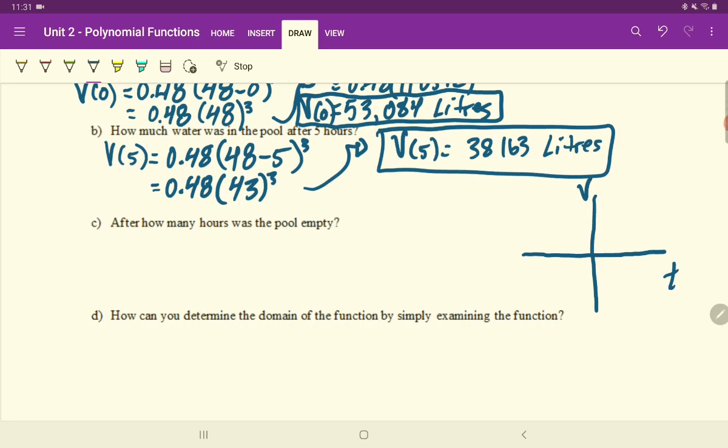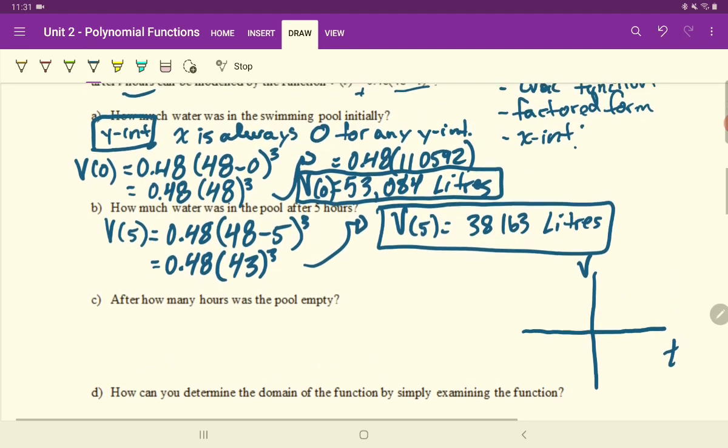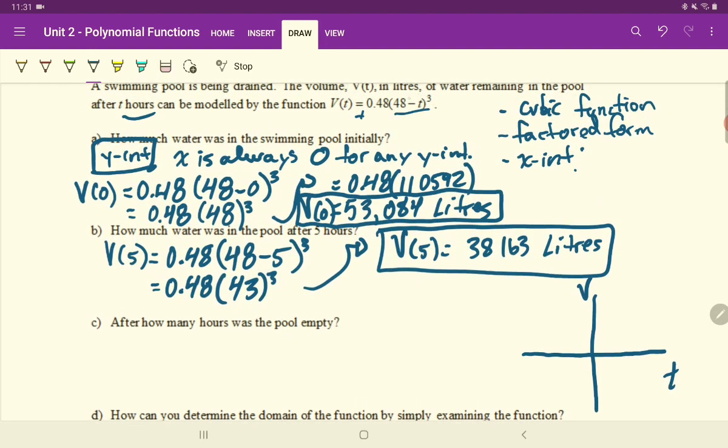So we have V and T here, and we know that this is a cubic function. And now that we've done a few of our lessons, we know that it's in factored form and that the x-intercept here is going to be a third order intercept.